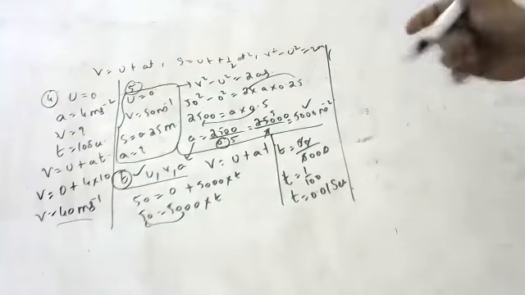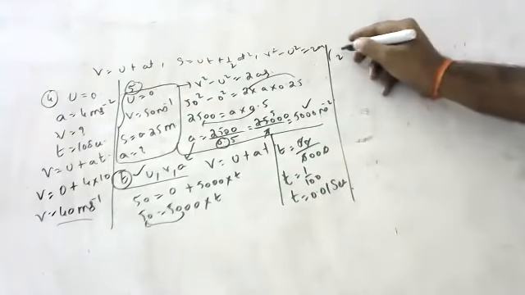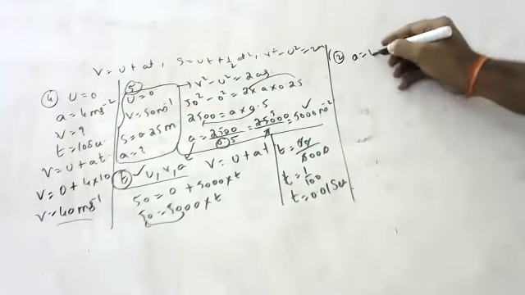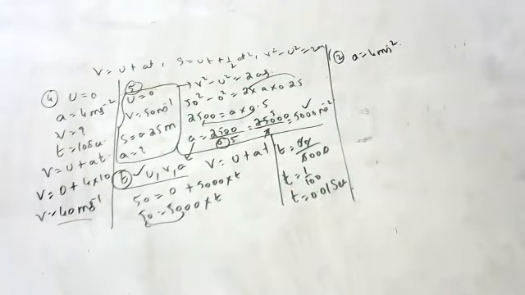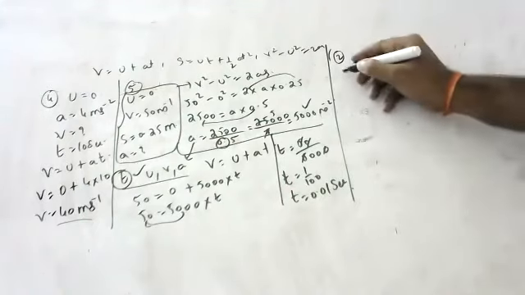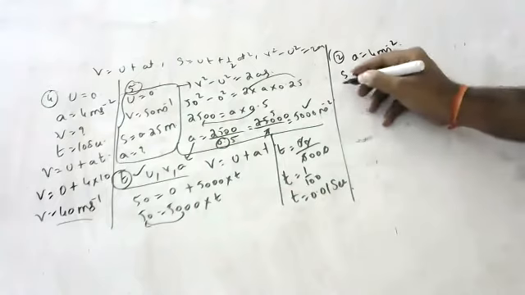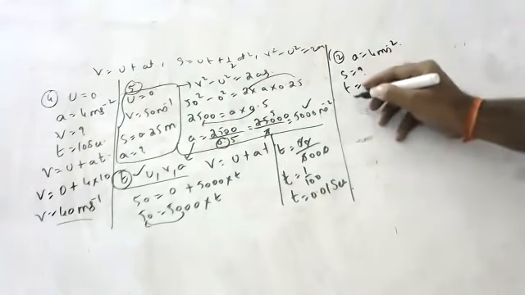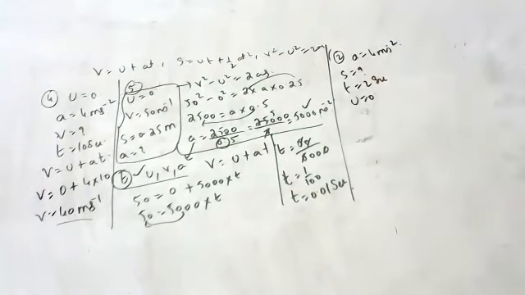Nandita, you tell this. A racing car accelerates at 4 meters per second square. What distance will it cover in 20 seconds after start? Is the time 20 seconds or 2 seconds, sir? Time is 20 seconds.